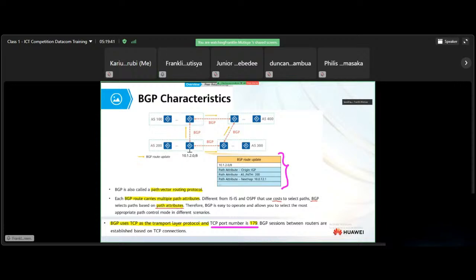Okay. So we have said BGP uses TCP, which is a transport layer protocol, and it uses TCP port number 179. BGP sessions between two routers are established based on TCP connections. And we said that TCP connections involve what we call the three-way handshake.